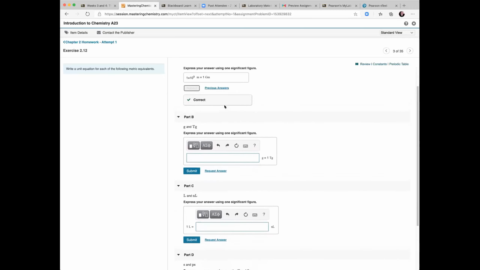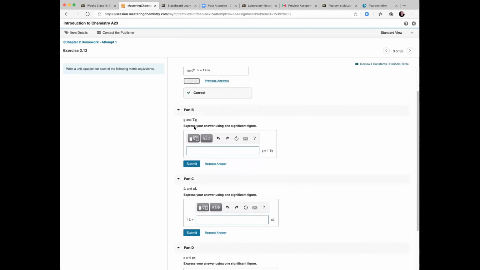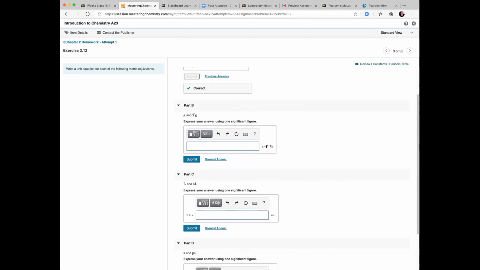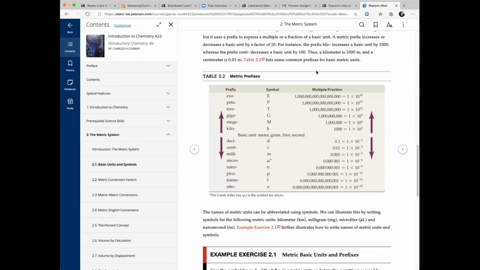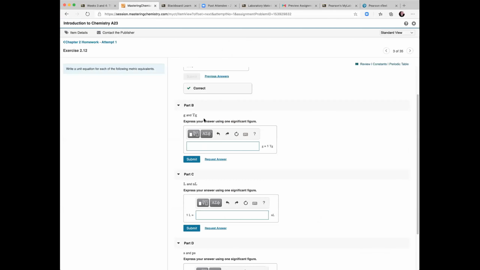So now we have grams and teragrams, and they tell you that they want the equivalency for 1 teragram, not for 1 gram. So going back to the table, the tera means 10 to the 12th, and it's a huge unit. So there's going to be many of the base unit in the tera.